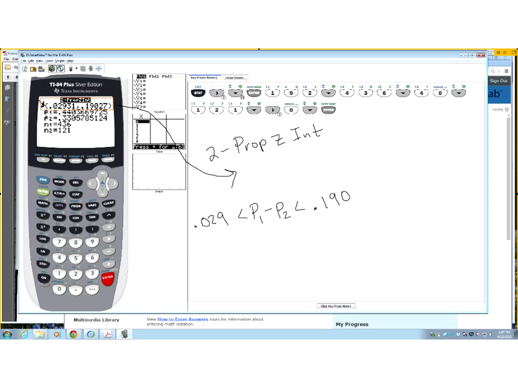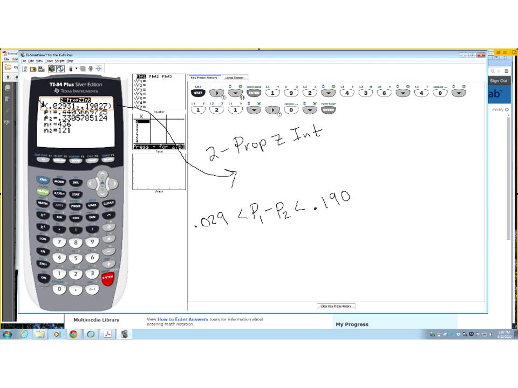Okay, so what is very important on these confidence interval questions is what it means. What does this confidence interval mean? When we're looking at the difference in our two population proportions, we want to know if our two groups are similar or if they're different. So we have to make a generalization about our population from the sample.